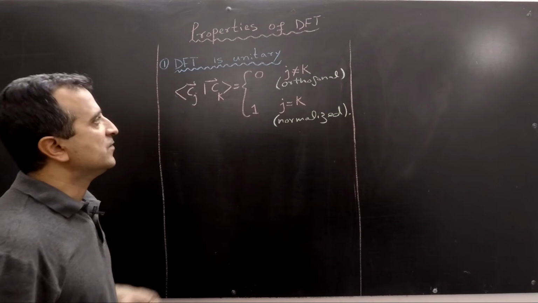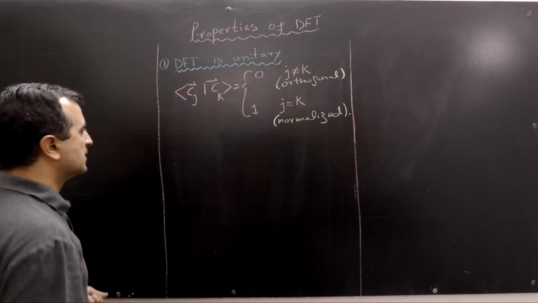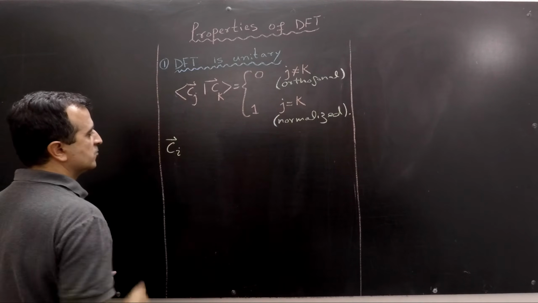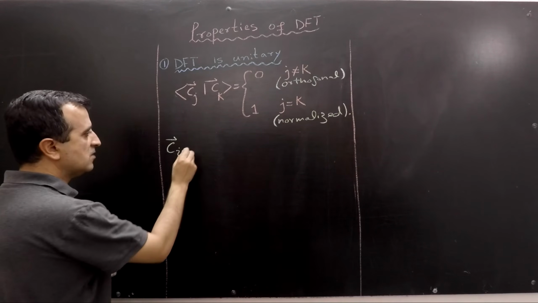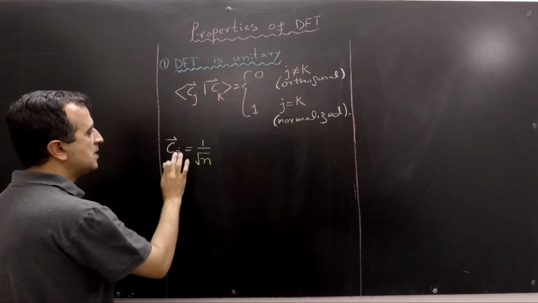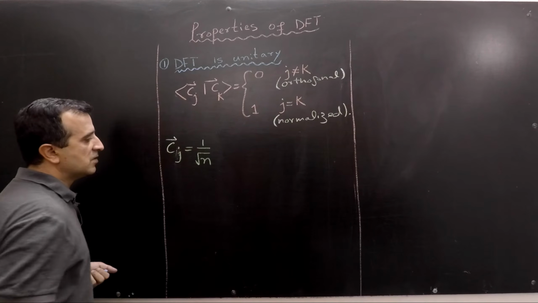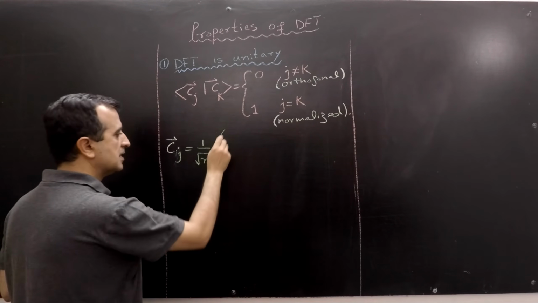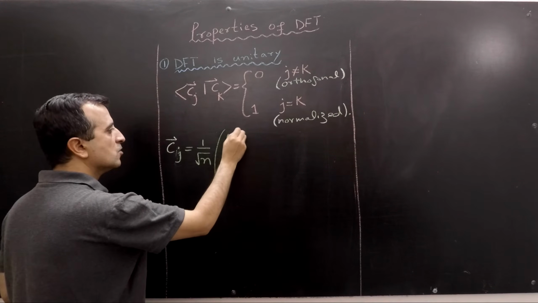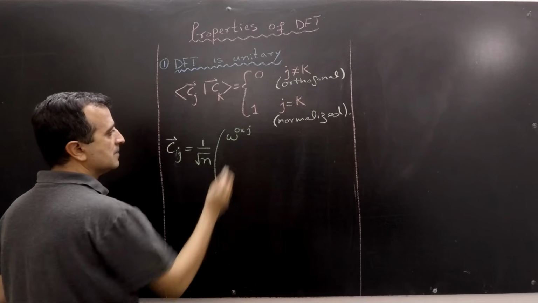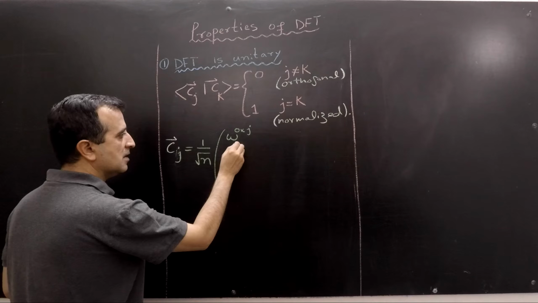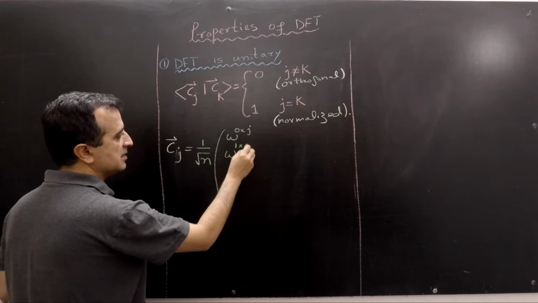So now let's prove this property. We take the jth column of discrete Fourier transformation. The jth column will be equal to 1 over square root of n times omega raised to power 0th row times jth column. Second entry of the vector will be omega raised to power first row times jth column.